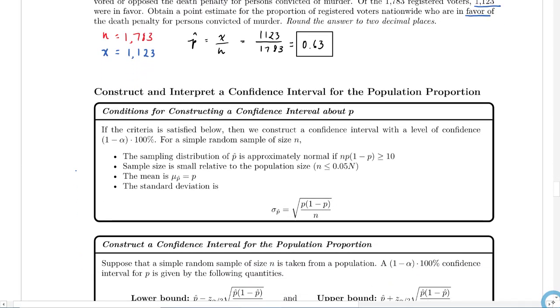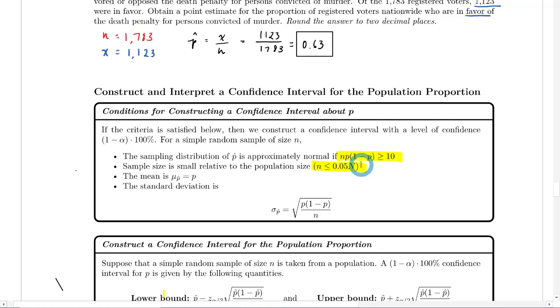Okay, so if we wanted to construct and interpret a confidence interval for a population proportion, it's pretty much the same as the mean, except now we're just doing a proportion. And so back in chapter 7, remember we had those preliminaries. Well, we still have those no matter what. They're with us till the end now. So we still need to make sure that np(1-p) is greater than or equal to 10 and the sample size is no more than 5% of the population.